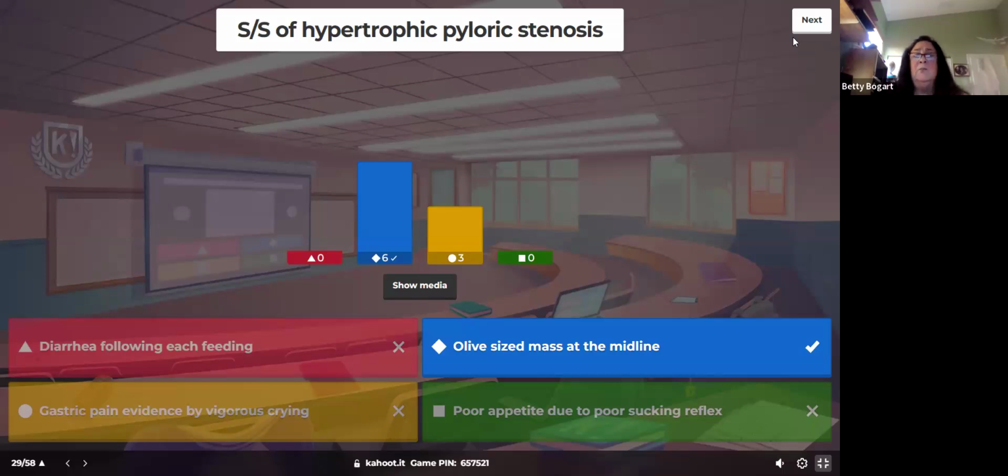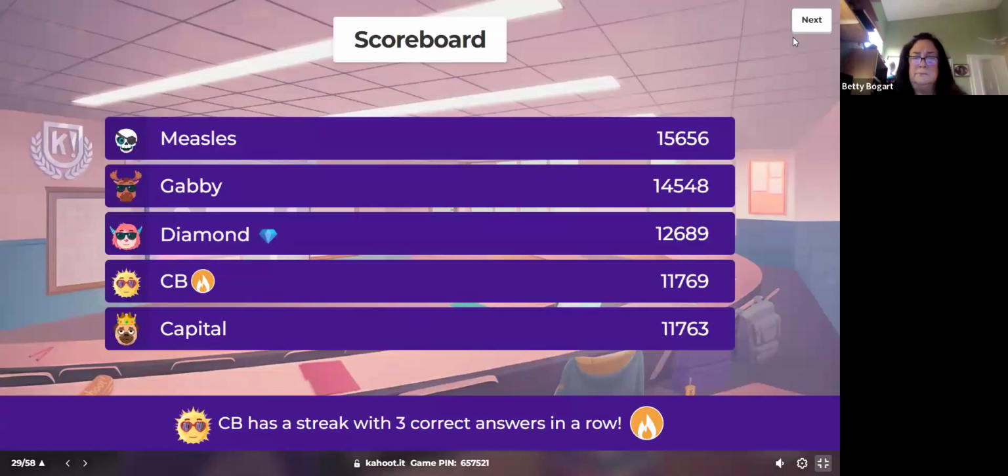And you can feel it by that olive-sized mass. And remember, pyloric stenosis is projectile, across-the-room vomiting, like impressive across the room.